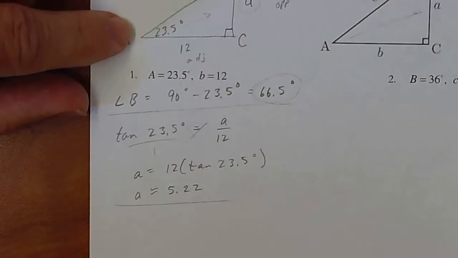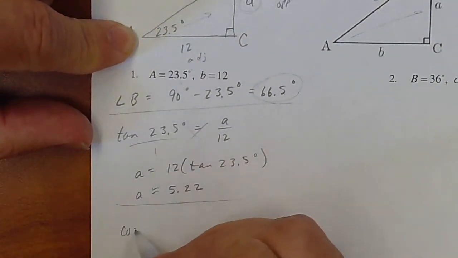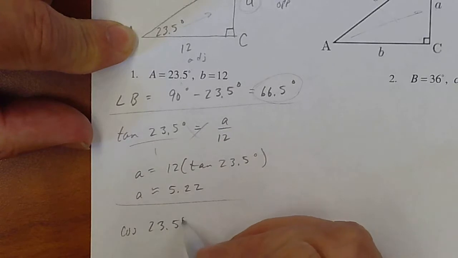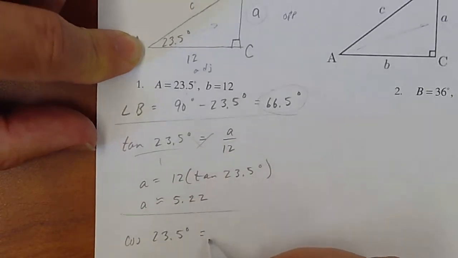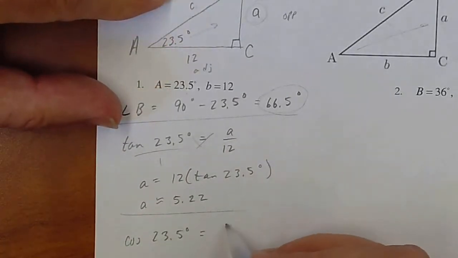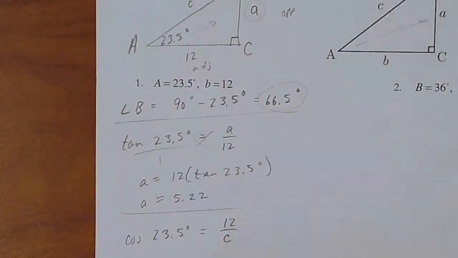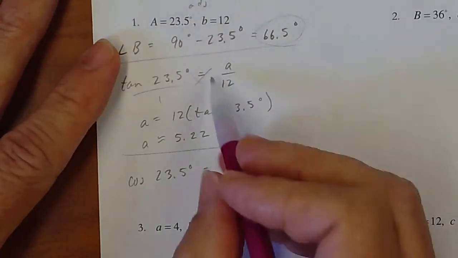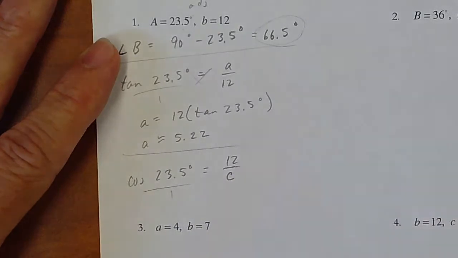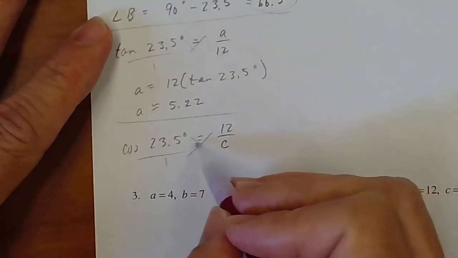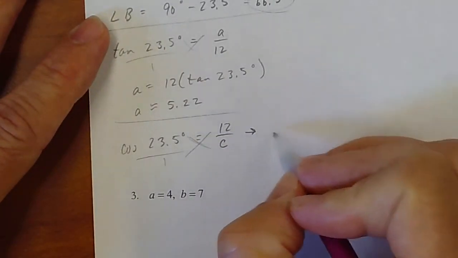Okay, so cosine of 23.5 degrees equals 12 over C. Now it's in the denominator, but like I said, cross multiplication takes care of this. So if I cross multiply, it gives me this.